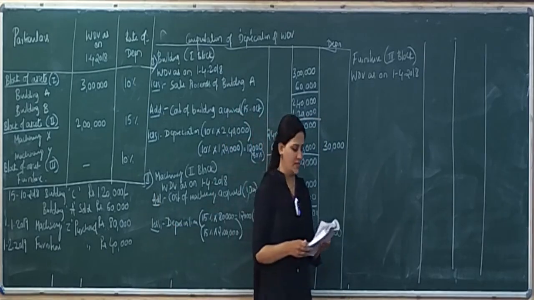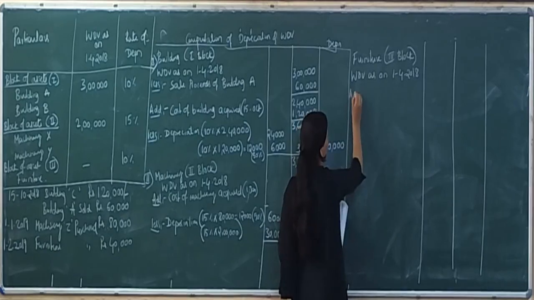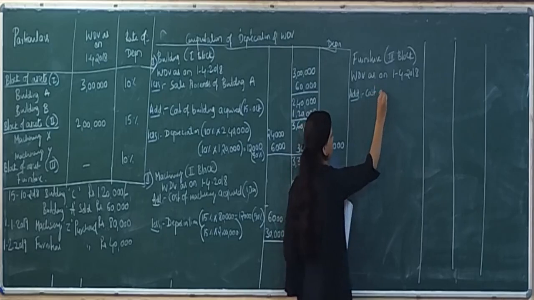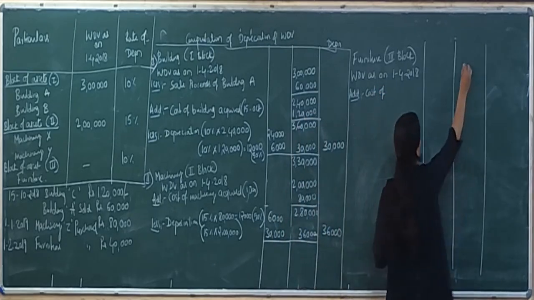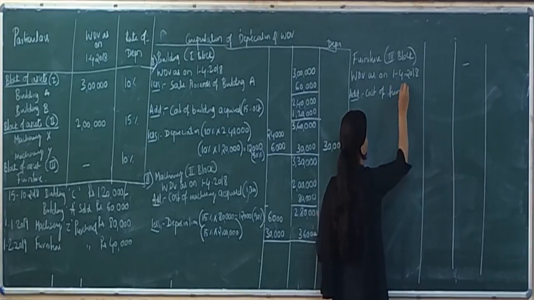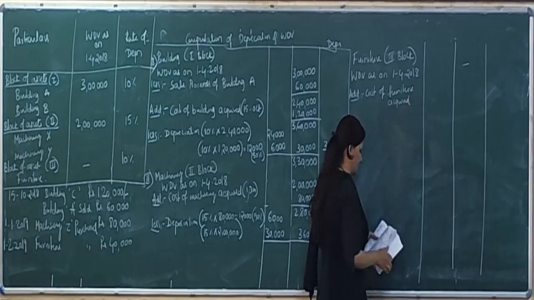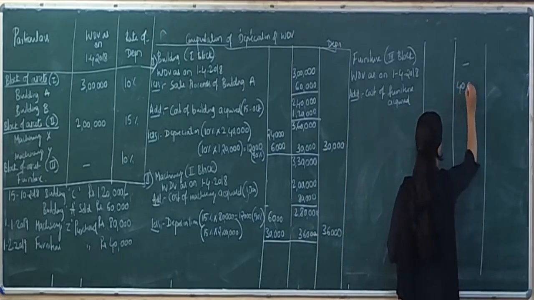Right, so the written down value is not given. So directly we can add purchases. Add cost of furniture, here it is not given. Cost of furniture, that is 40,000.